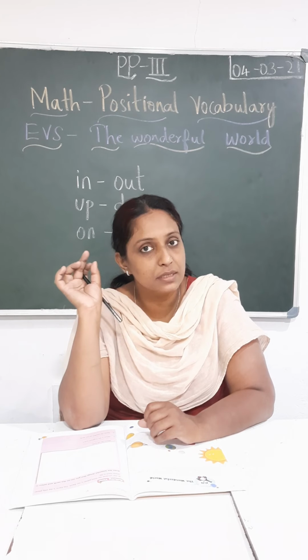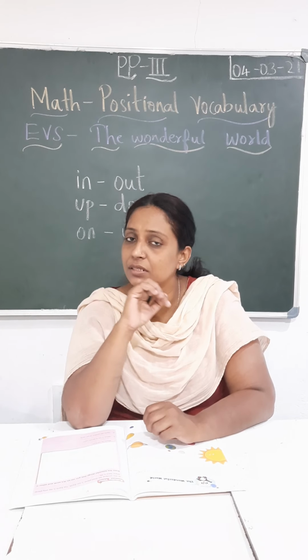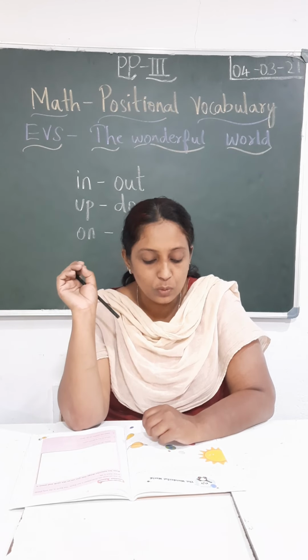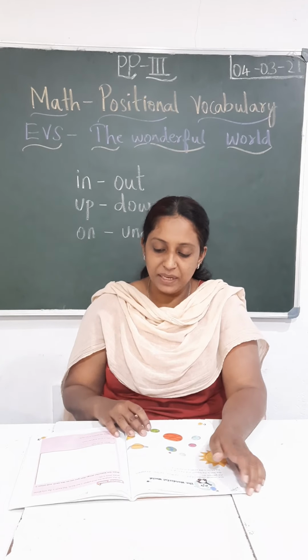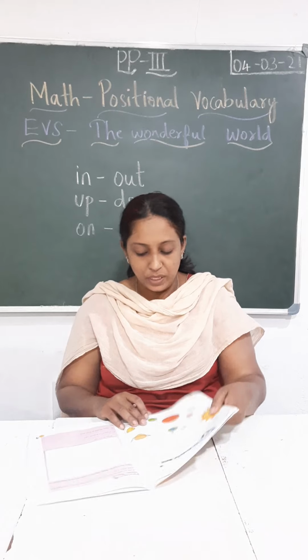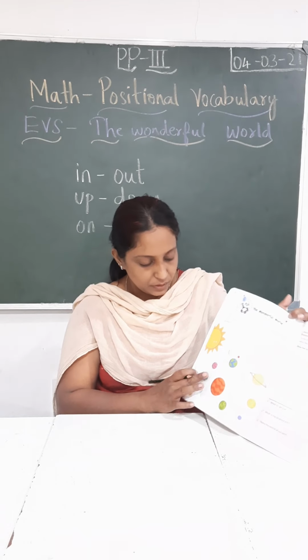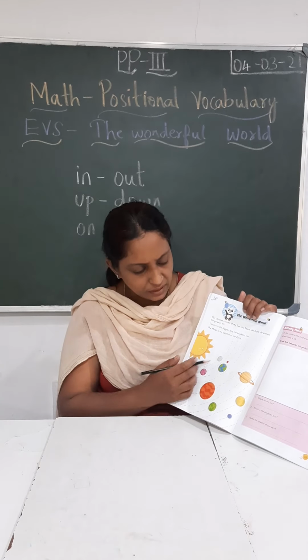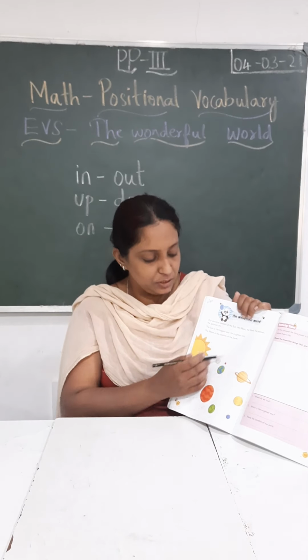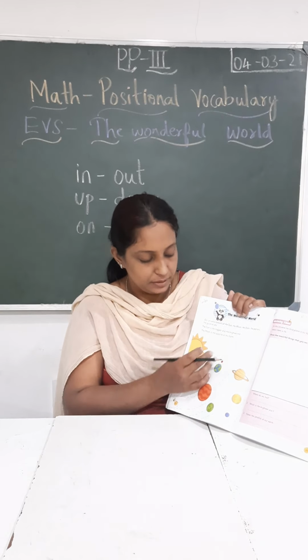The sun is also a star which is very big and it is the brightest. The moon is the satellite of the earth. On page number 64, they have very clearly given you the indication of the sun and the rest of the planets which are in the solar system.